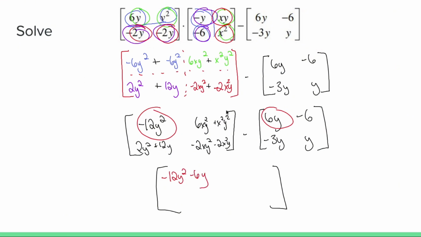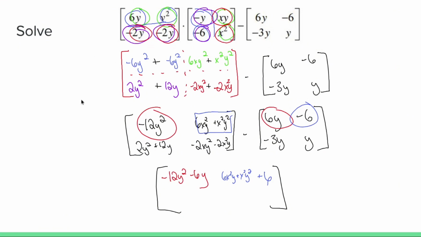All right. We've got 6xy squared plus x squared y squared minus negative 6. So it's going to be, let's get this part out of the way, 6xy squared plus x squared y squared minus negative 6, plus 6.